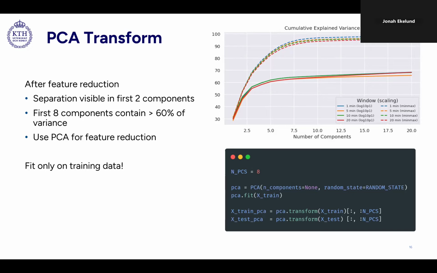Here we use all. Now I need to recheck the notebook. But anyway, we fit to the training set and then transform the test set using this fit. The idea here is that we can do all our clustering on our reduced feature space, so instead of fitting on thousands of features, we do our clustering on 8 features, which is much faster. And we should have all, or most of, the information already there.